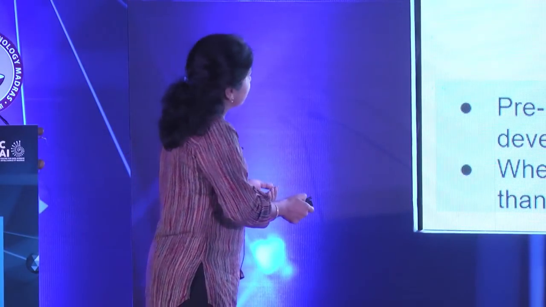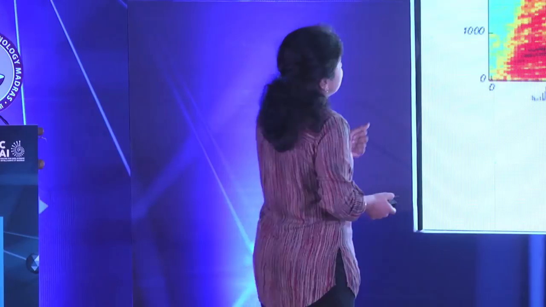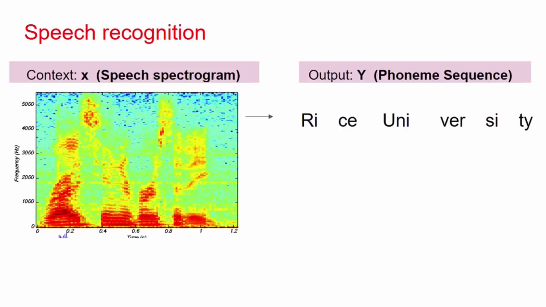The next task, say in speech recognition, again your input X, you can think of as, by some magic, you have taken your continuous audio and broken it up into frames, and that is your input sequence, and your output could be words or phonemes in your target language. And this is another area in which modern deep learning systems have achieved remarkable accuracy.